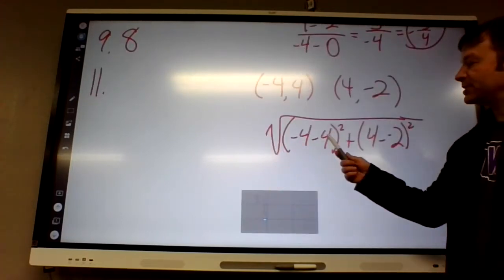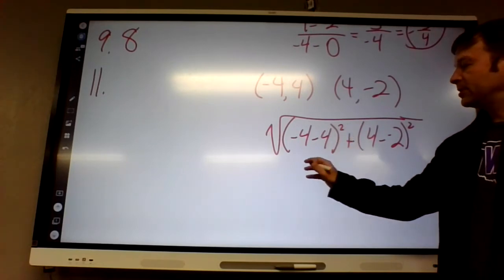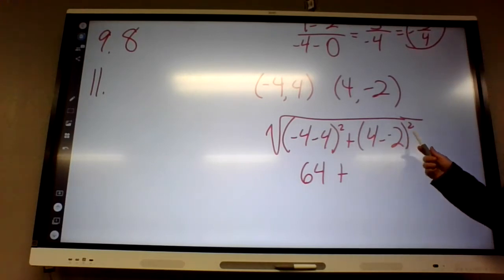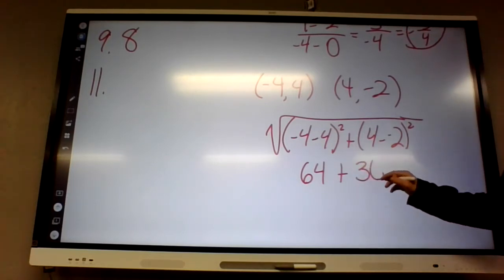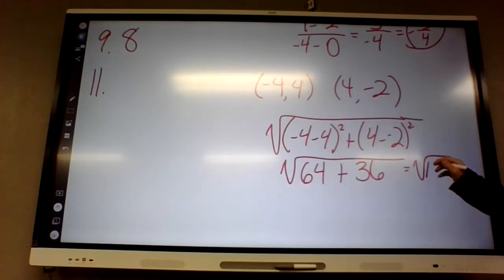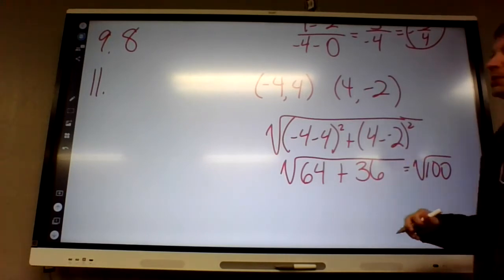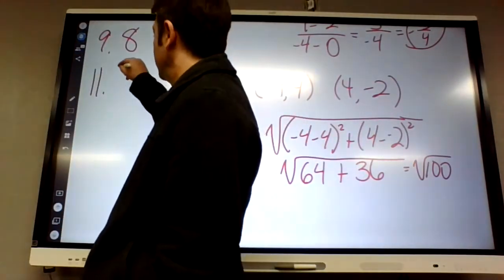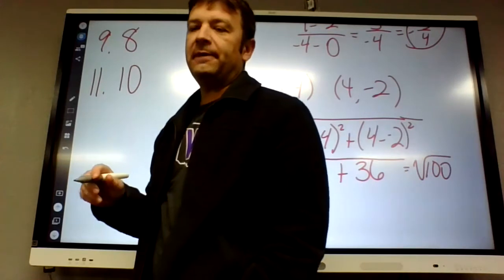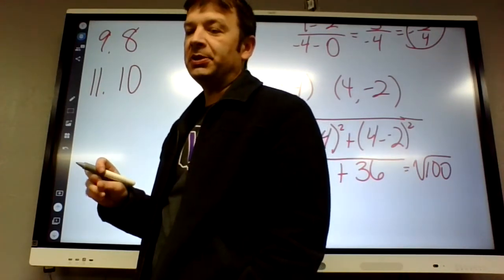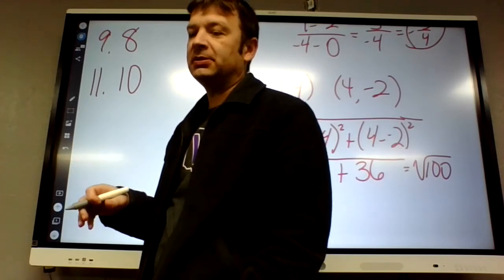Negative 4 minus 4 is negative 8, squared is positive 64. 4 minus negative 2 is 6, squared is 36. 64 plus 36 is 100, and the square root is 10. Comes out perfect. I wonder if the evens do. Yeah, the evens come out nicely also. By the way, we just found BC is 10.